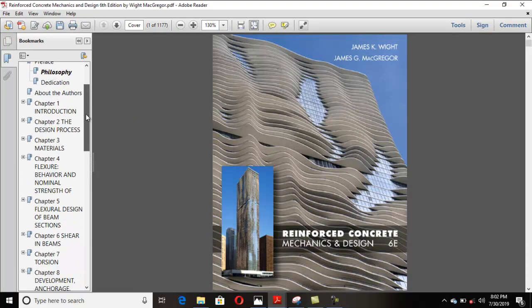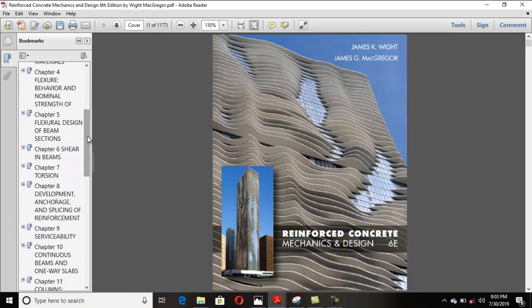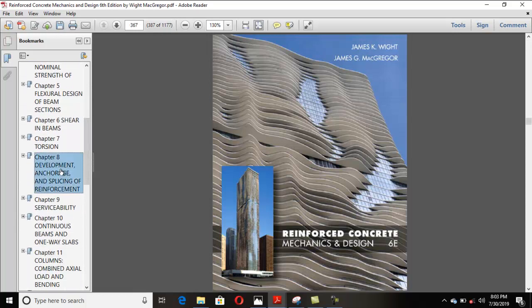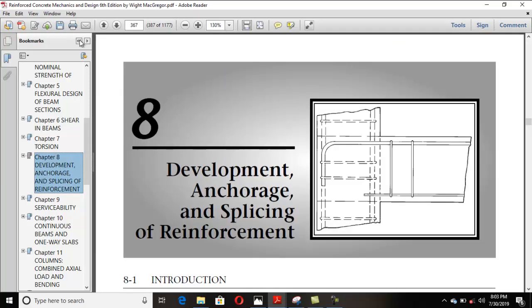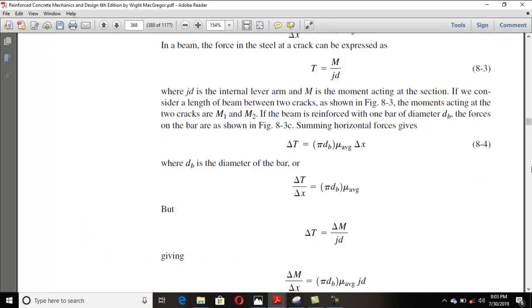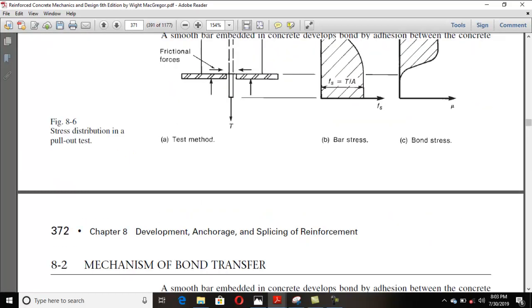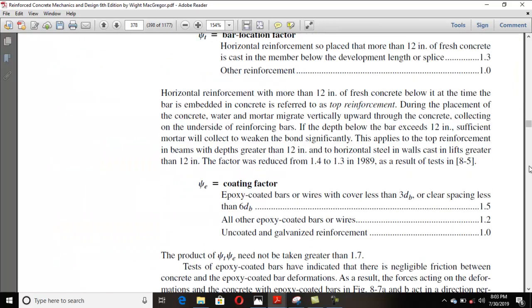In that example I saw an error relating to side cover and top cover. So let's see what that error was. I will explain that example in full detail.